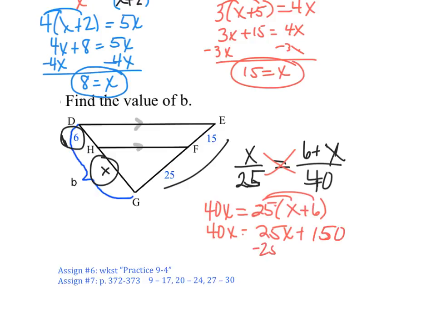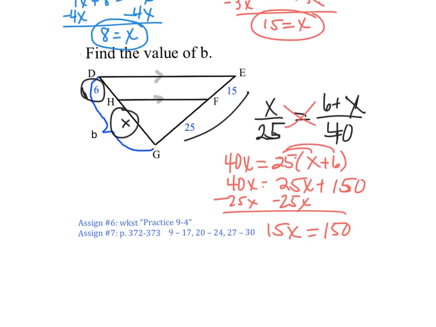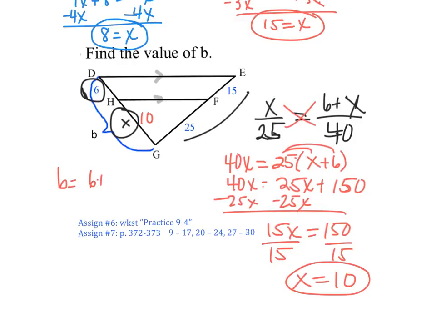Moving this 25x over, I've got 15x equals 150. Last step then is to divide by 15. And I've got x is equal to 10. So x is equal to 10 doesn't give me what the value of b is. I need to make sure I say that b is equal to that 6 plus 10. So I know b is equal to 16.